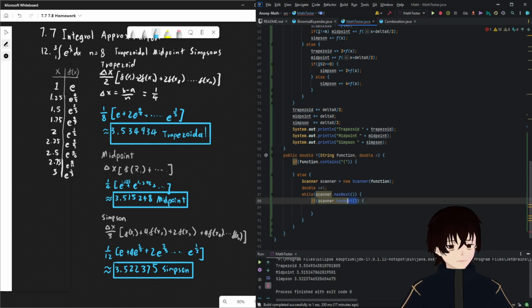If it's a double, let's do the string current equals scanner.next.